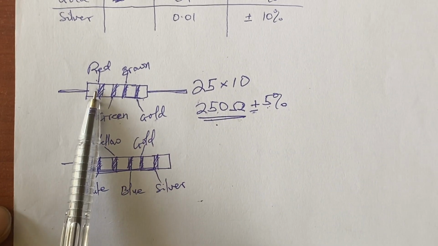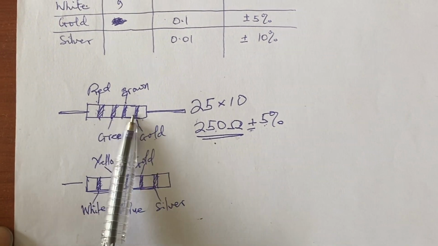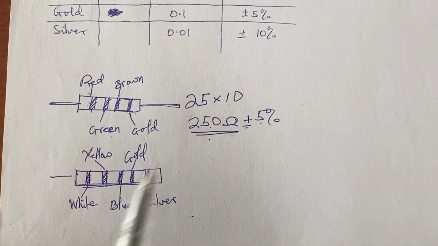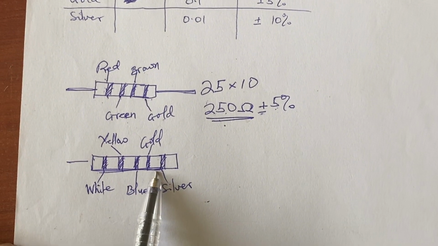The first one we did is a 4 band resistor. Then this one is a 5 band.